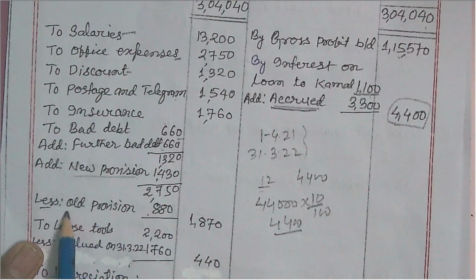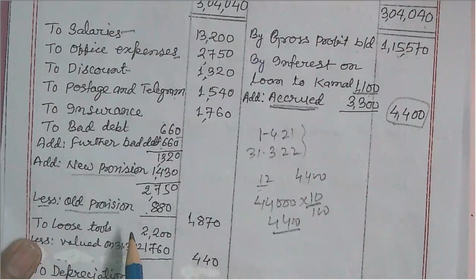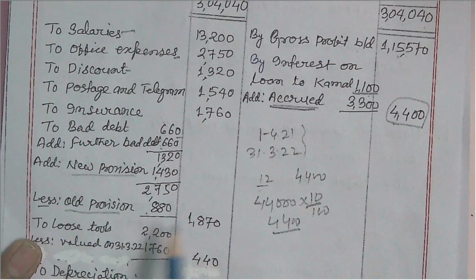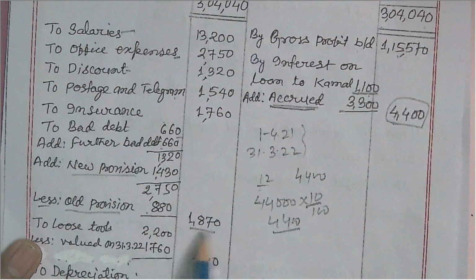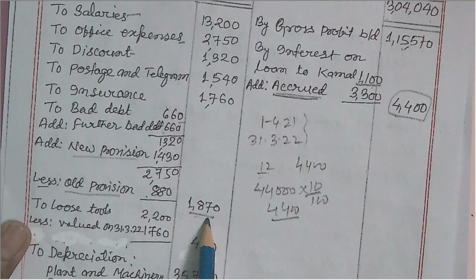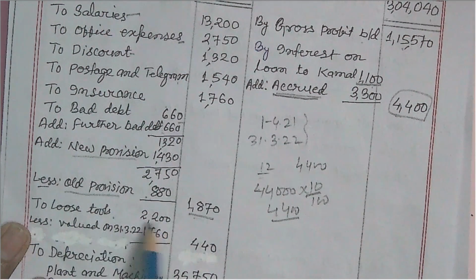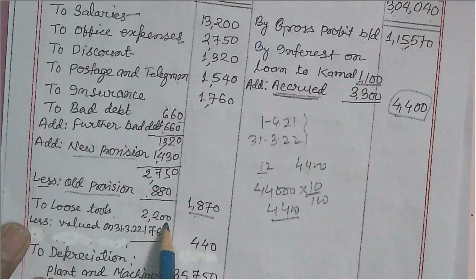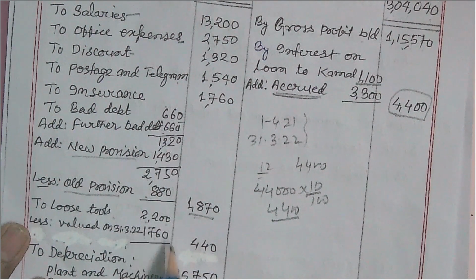And this is an old provision given in the questions, provision for doubtful debts on the credit side of the trial balance. So this is an old provision. Deduct the balance, this is 1870, you have to debit to profit and loss account. And loose tools is given in the trial balance, 2200, and in adjustment it is given valued at 1760.